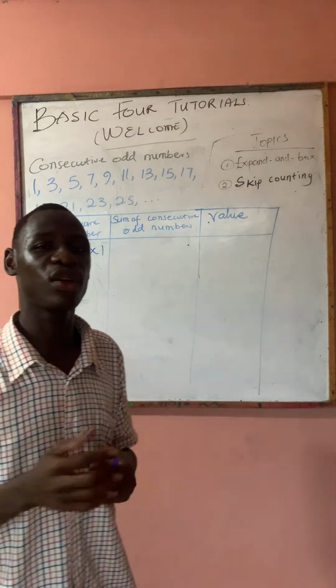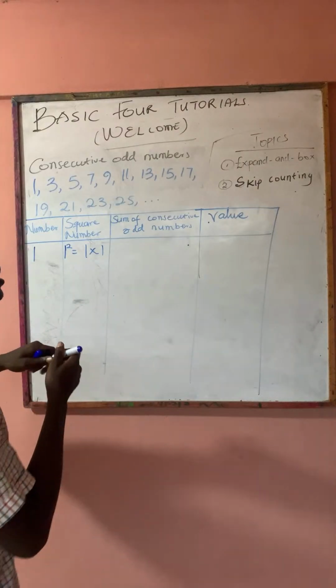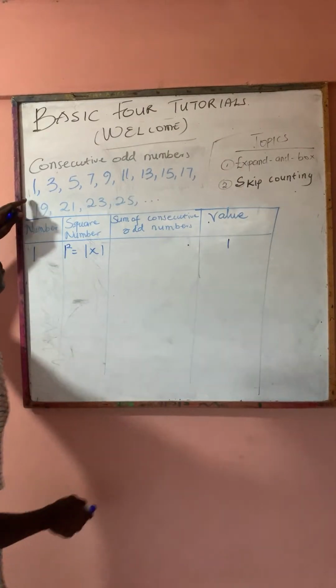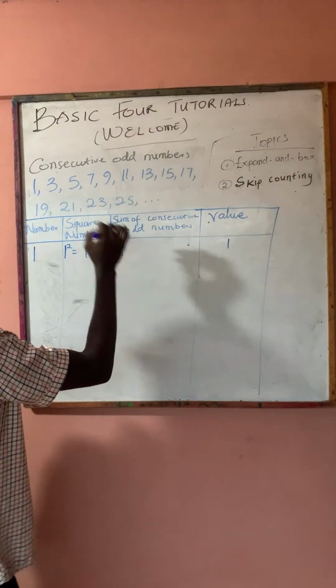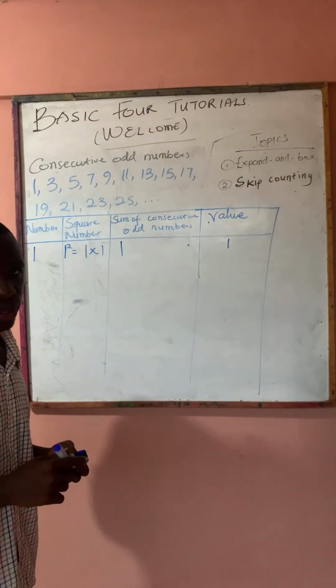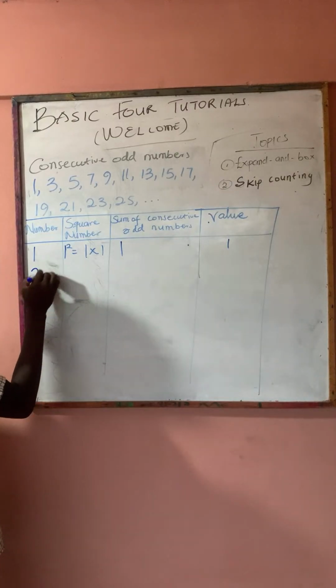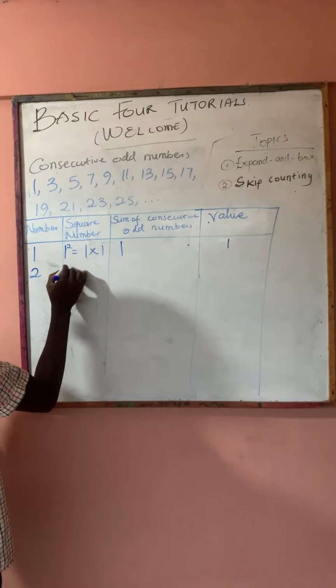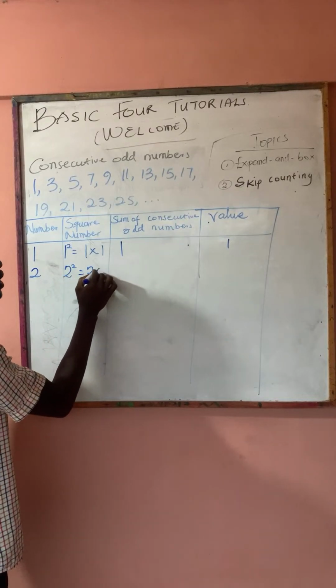And we know that the value of 1 times 1 is 1. So if the value is 1, which odd number can be used to represent the 1? That's going to be the same 1. So as we move on, you understand. Let's take 2. The square of 2 becomes 2 squared, which is the same as 2 times 2.